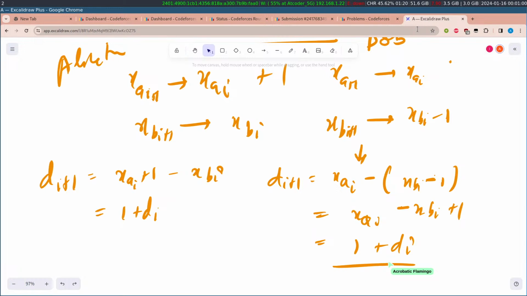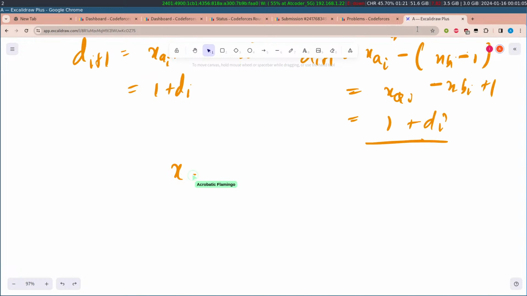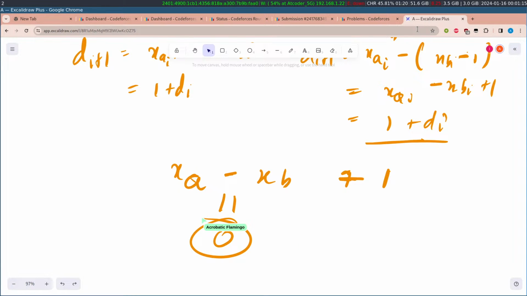So in each turn, the value of xai minus xbi increases by 1. And only when this value is 0 can both of them possibly be at the same place. If this value is negative, they cannot be at the same place because their x coordinates would be different. If the value is positive, they cannot be at the same place either.